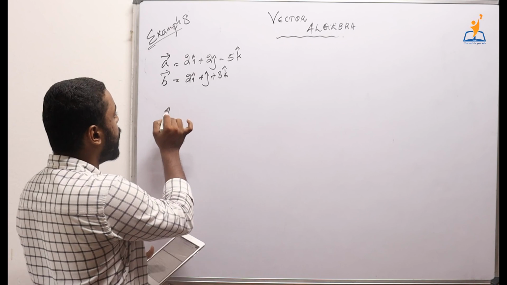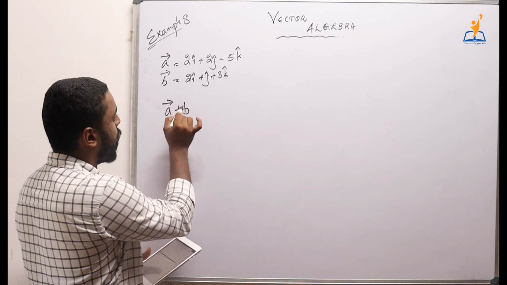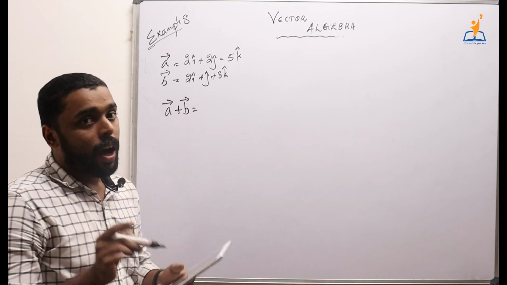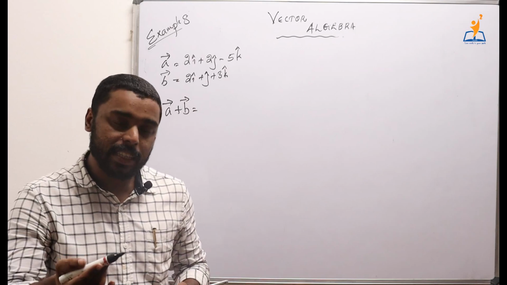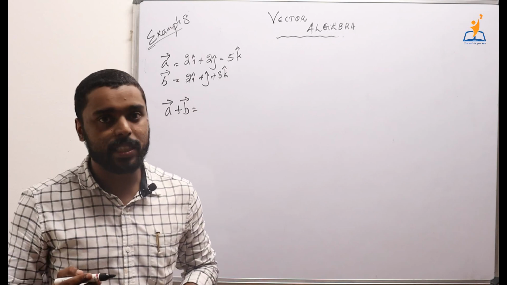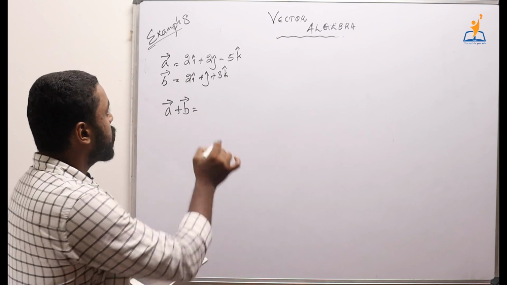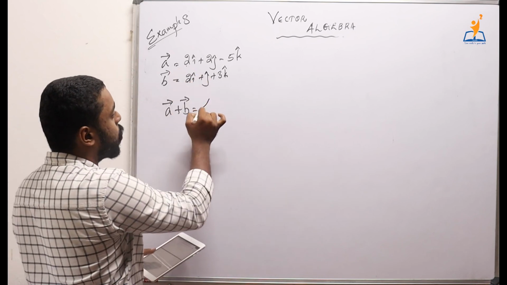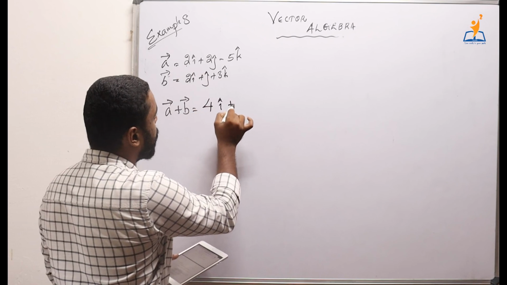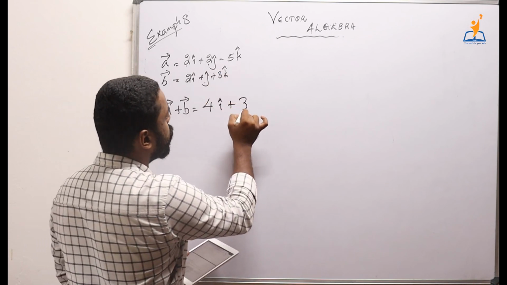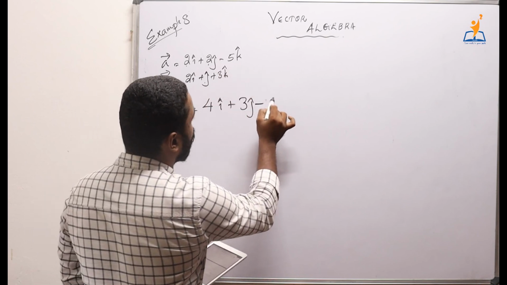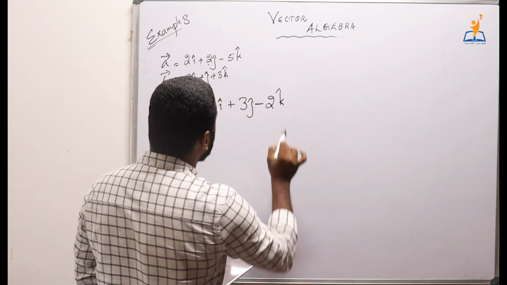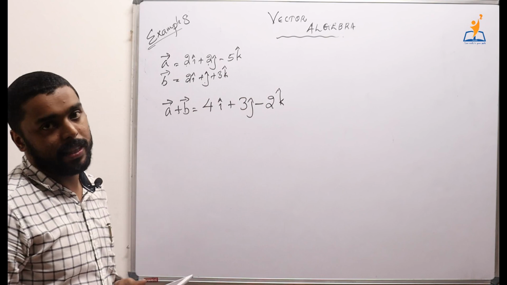So we have to find the sum first, so we have to find A plus B. As we proved, in order to find A plus B, it is enough to find the sum of each component and then add. So 2 plus 2 is equal to 4 i cap, 2 plus 1 is equal to 3 j cap, minus 5 plus 3 equal to minus 2 k cap. This will be our A plus B.